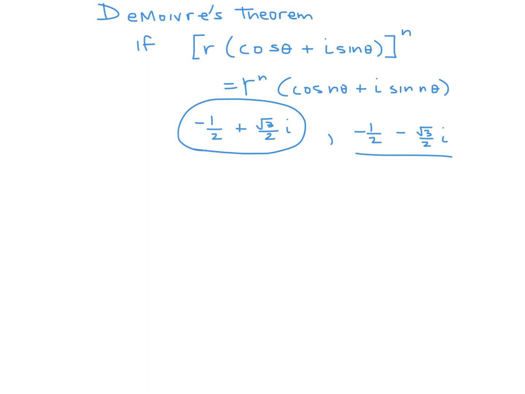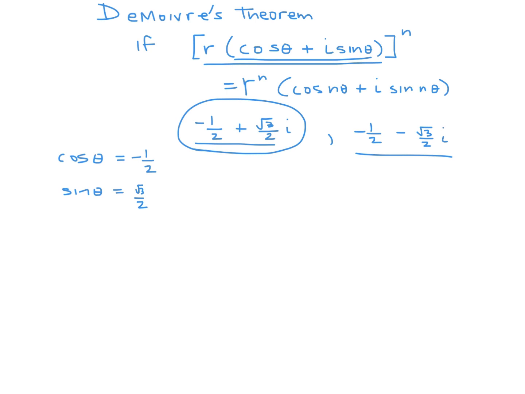Now, we have to put it in this form, right? So cos of something is equal to negative a half, and the sine of something is equal to root 3 over 2, and we're trying to get this to look like this.